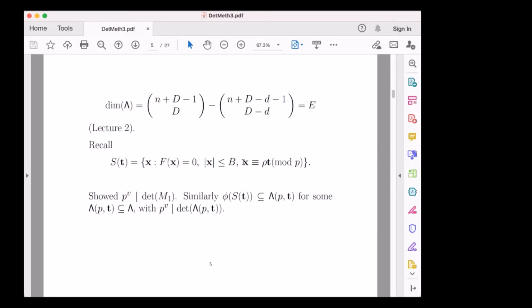For exactly the same reasons that the coordinates of x can be expressed in terms of each other using the implicit function theorem, and that creates lots of divisibilities by p. And it turns out indeed that exactly the same argument shows that the determinant of this sublattice lambda pt is again divisible by this large power p to the v.